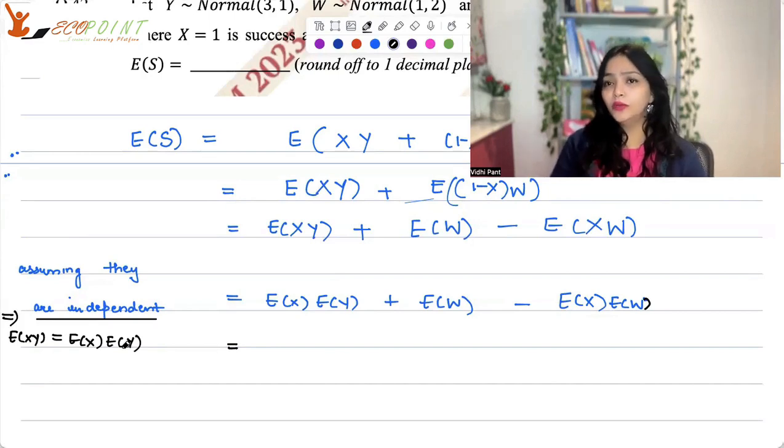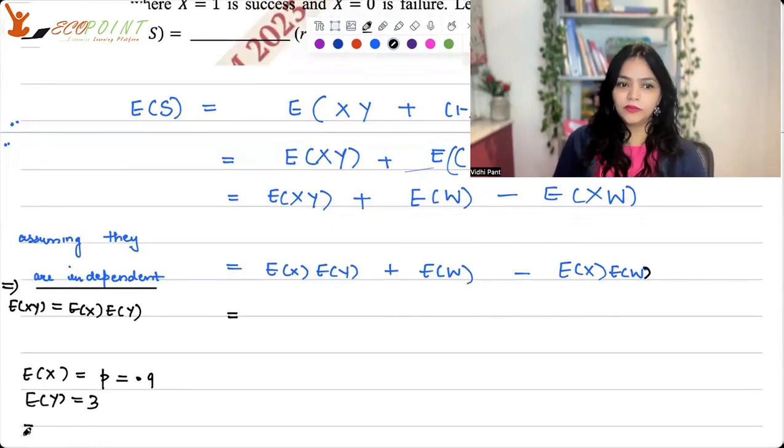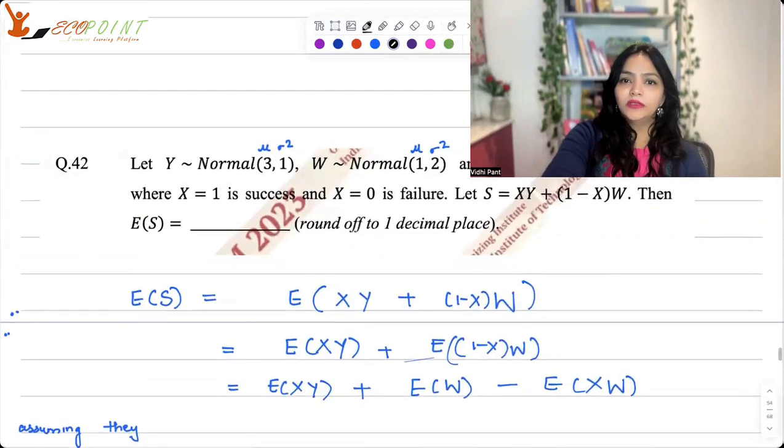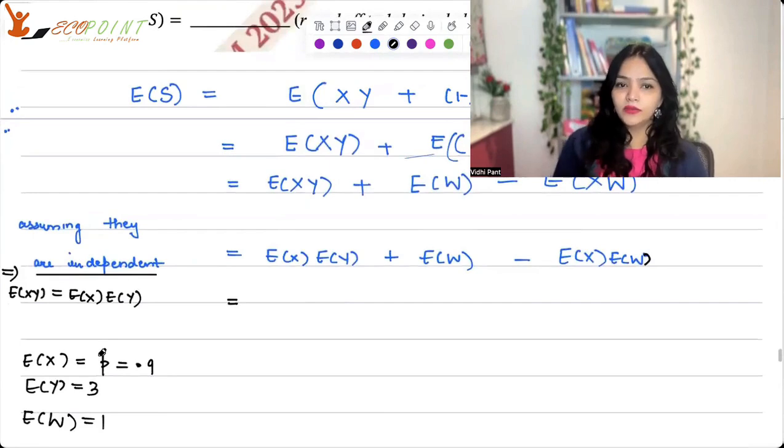And for Bernoulli, you must know that the expected value is just P. So knowing that the expected value of X is just P, which is 0.9, the expected value of Y is 3, and W was normal with mean 1 and variance 2, so expected value of W is 1. We just need to substitute the values here.